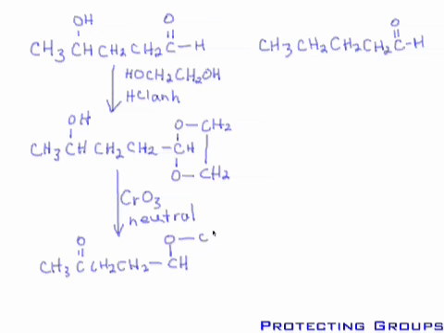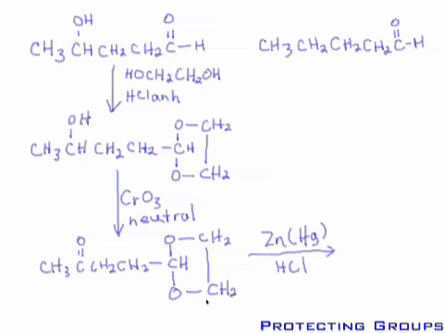to reduce the C double bond O without affecting the aldehyde functional group, which is trapped, or protected, in the full acetal. But we have a problem. The Clemmensen reduction, zinc, mercury, HCl, takes place in acid.